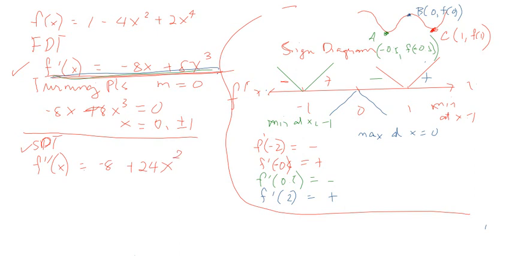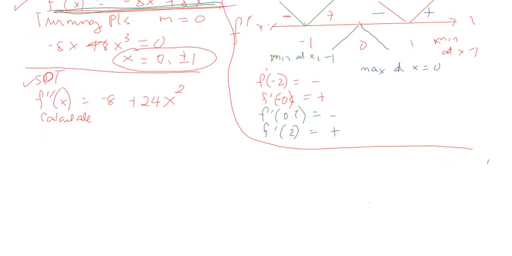Now what we're going to do is to calculate the value of our f double prime. So we will be using these values, the turning points. So we're saying at 0, do we have maximum or minimum? So let's solve.